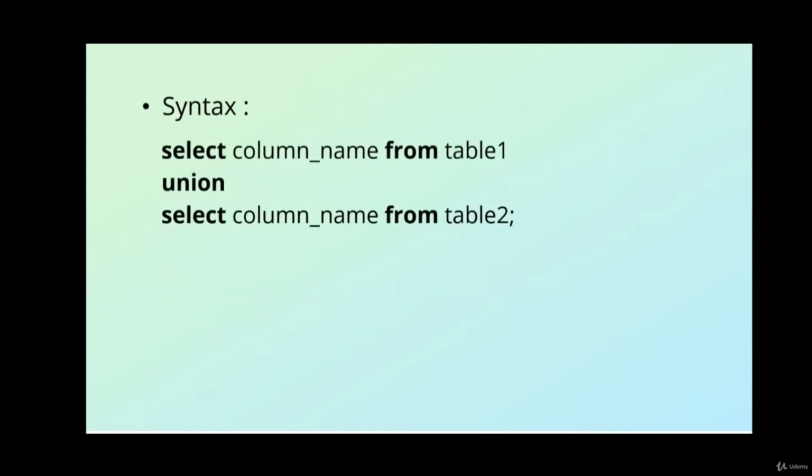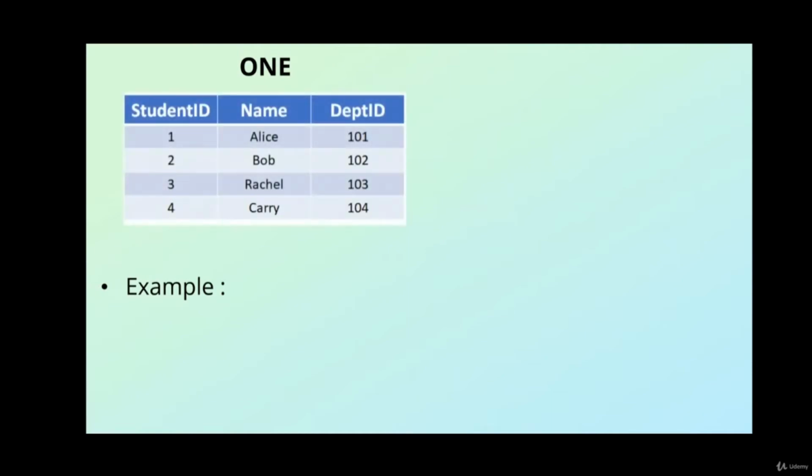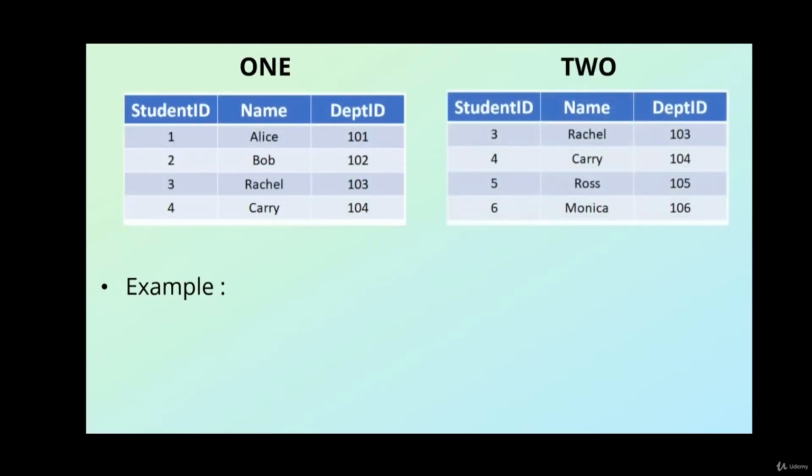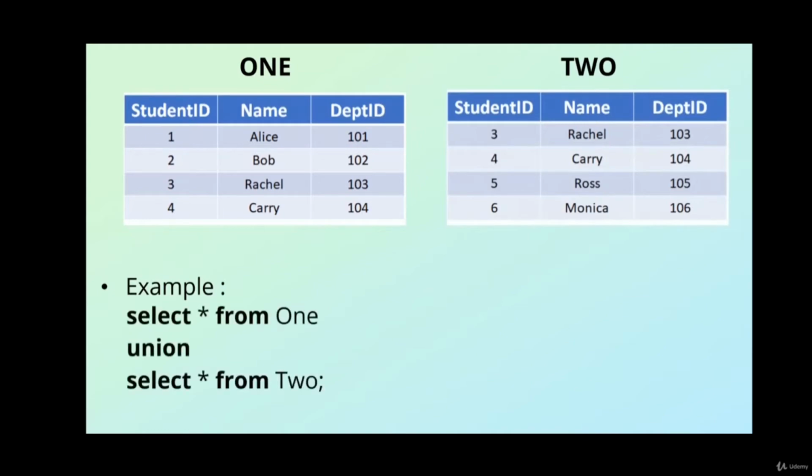Here we have the syntax for the union operation. Select column name from table 1, union, select column name from table 2. For example, if we have two tables named table 1 and table 2, and we want to combine these two tables, we will write the query as select star from table 1, union, select star from table 2.